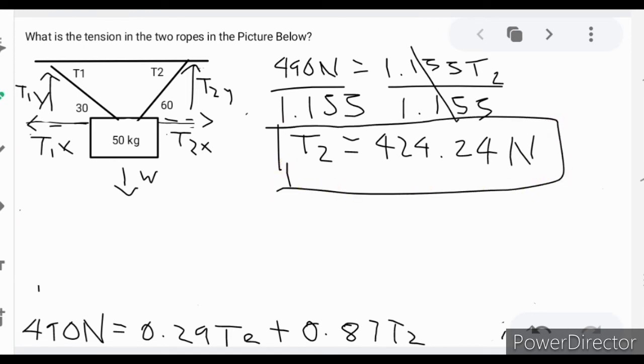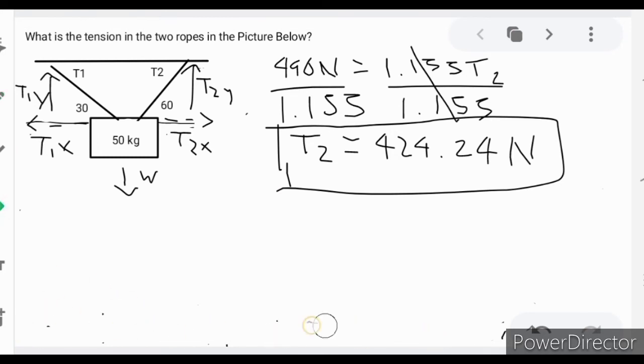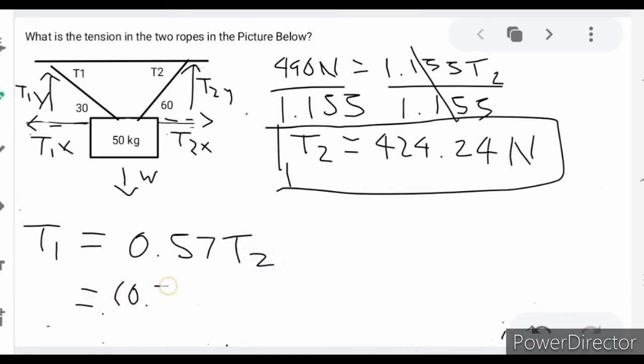And way back on our previous equation, which is T sub 1 equals 0.57 T sub 2. Now that we already know the value of T sub 2, we can simply substitute it.